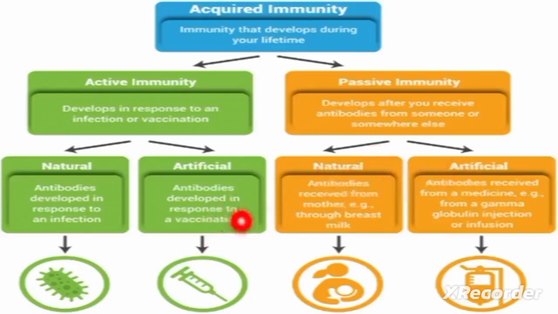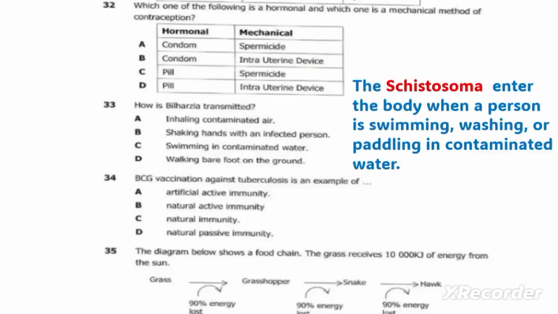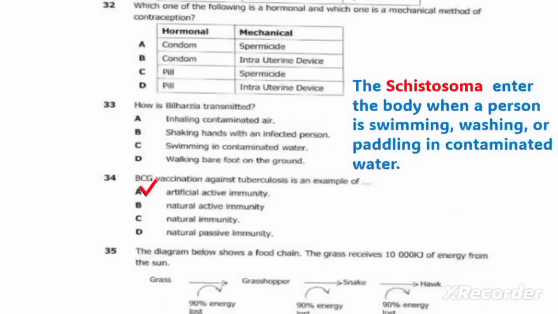So our major interest is here, antibodies developed in response to vaccination. Since we are talking about vaccination against tuberculosis, the example of immunity we are talking about here is artificial active immunity. So therefore, our correct answer is A.